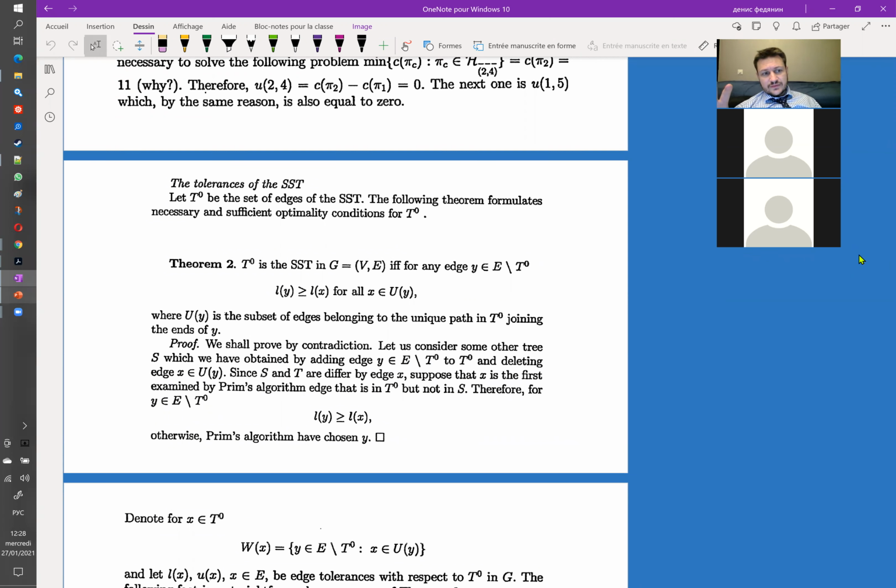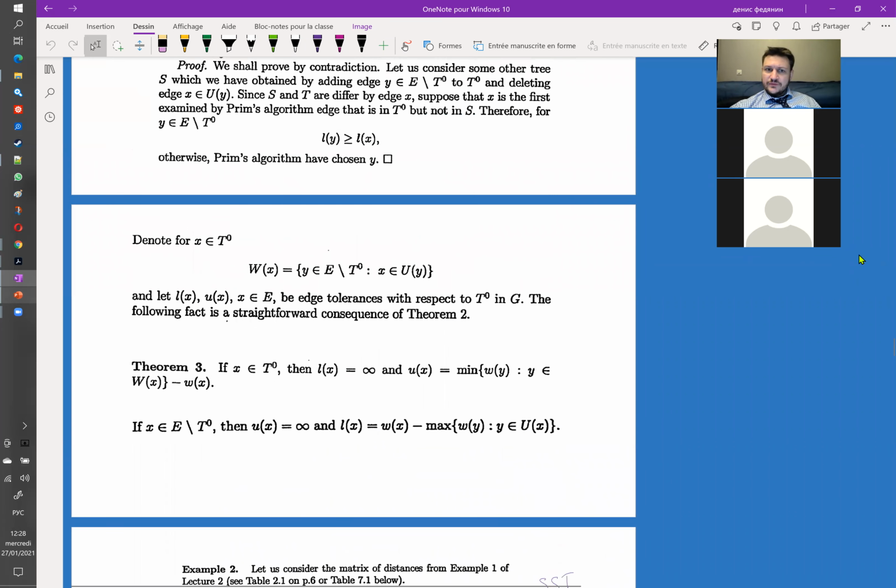We had a theorem for tolerances of the shortest spanning tree, where we had the algorithm of Prim and of Kruskal, and we have discussed these algorithms. They are very fundamental for spanning trees, and there is a theorem for how we can check the interval of tolerance there.